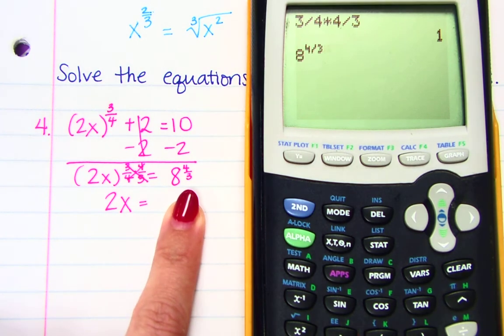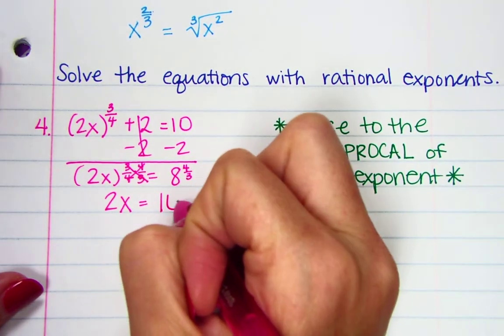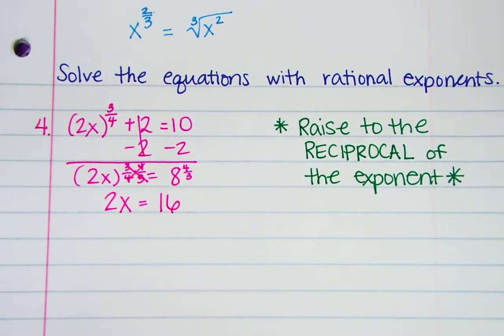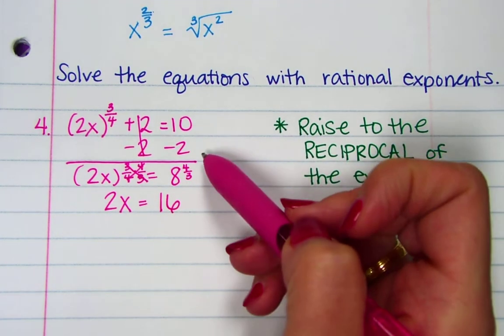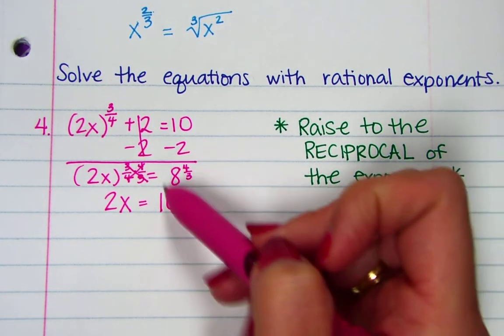So go ahead and do that. 8 to the 4/3. What are y'all getting? 16. Yes, 16. All right, 8 to the 4/3 equals 16. It's 8 to the 4th power, and then you cube root that. But you don't even have to do all that. The calculator did it for you.